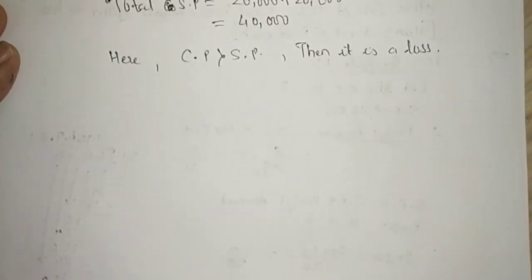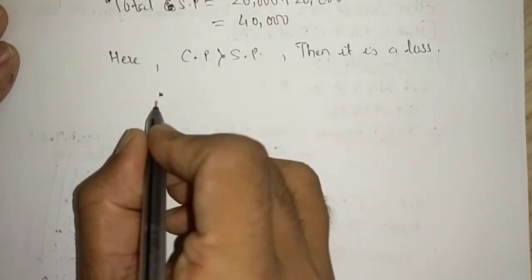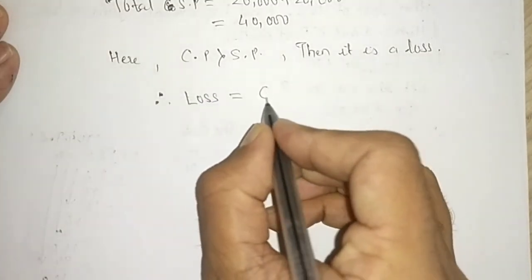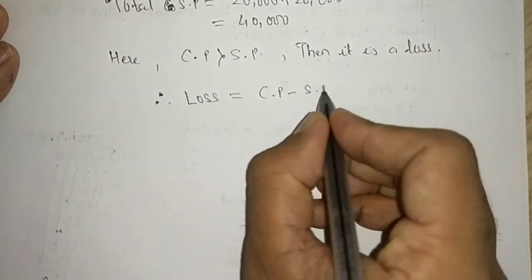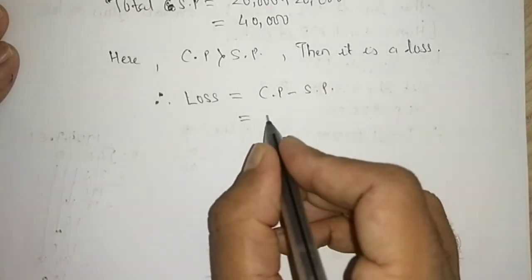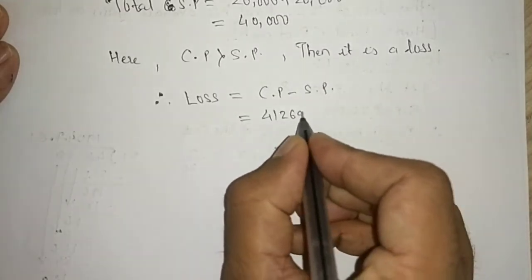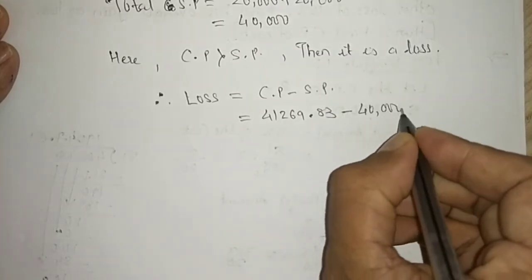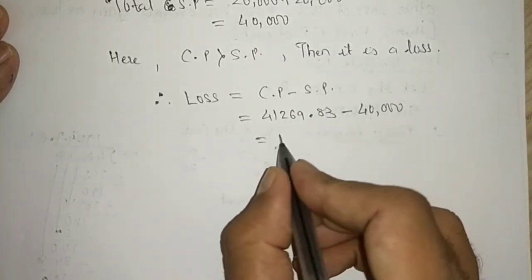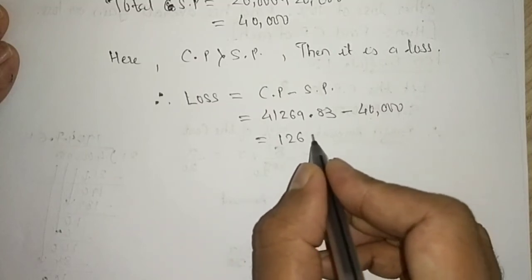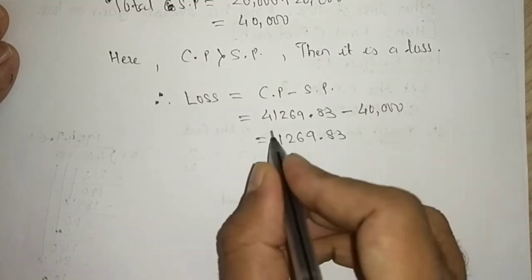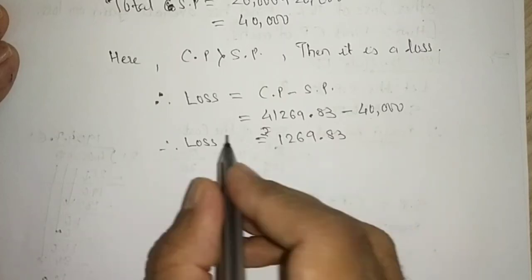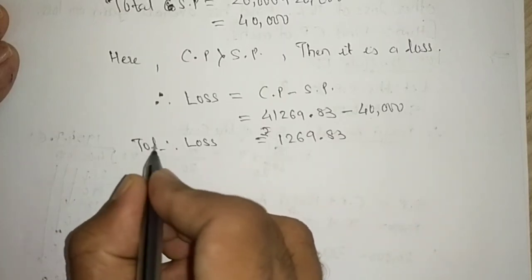So how will we calculate? Loss is equal to CP minus SP. What is CP? 41,269.83 minus 40,000. So our value will be 1,269.83. This is the overall loss, that is the total loss.